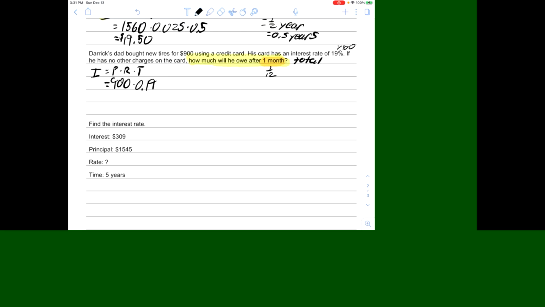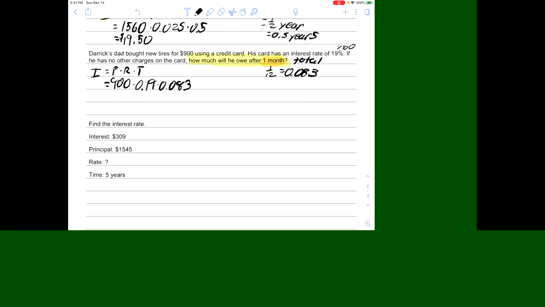If we turn that into a decimal by doing 1 divided by 12, I get 0.083. All I'm doing is taking that 1 month and turning it into a fraction of the whole year and then a decimal of the whole year. 1/12 is 0.083 of a year. That means that my time that goes in here is 0.083.